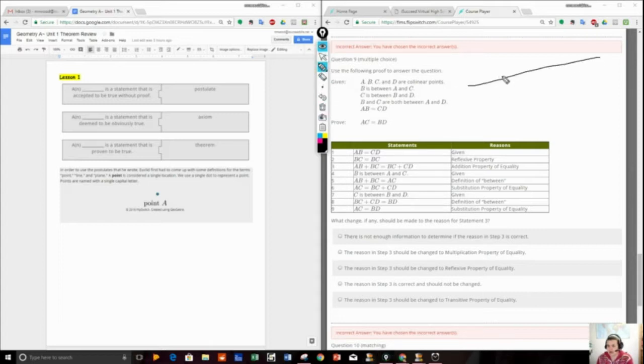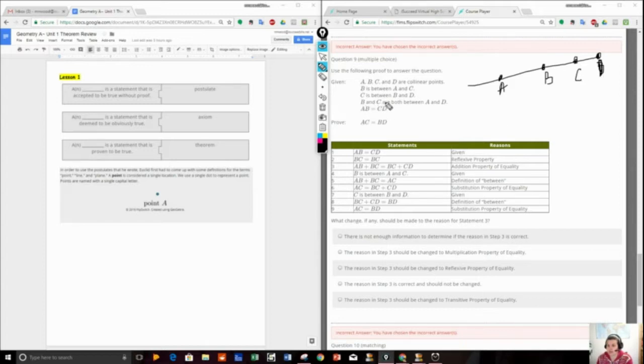I have A, I have C. B is between AC. C is between BD. So C is between B and some other point D. So between means in the middle. So I know D has to go on the other side.